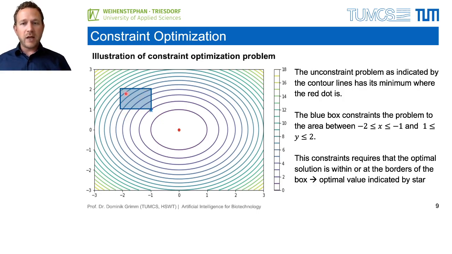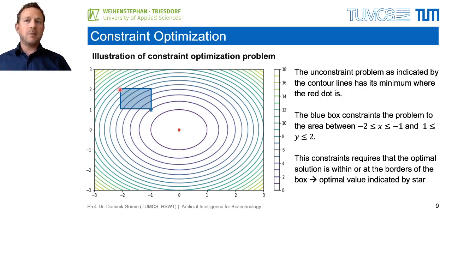We would like to find the minimum of this optimization problem in such a way that it's within this area. This is illustrated here with this blue star. That's the minimum under this constraint. So we more or less restrict our optimization problem to a specific area where we would like to find the minimum.